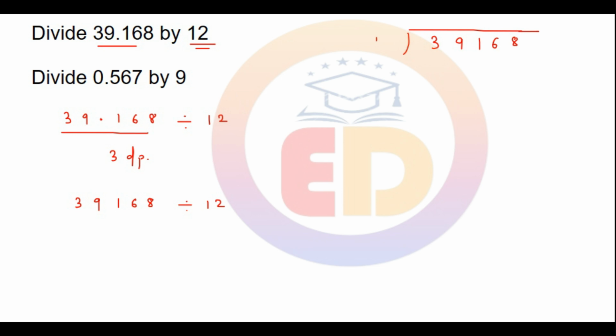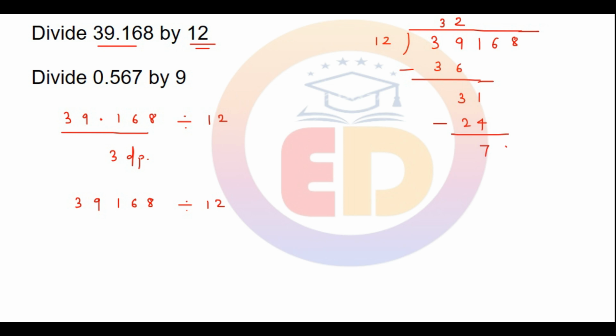Dividing by 12, 12 ones are 12. 12 threes are 36. Subtraction will give me 3. Take 1 down. 12 twos are 24. Subtracting, I get 7.